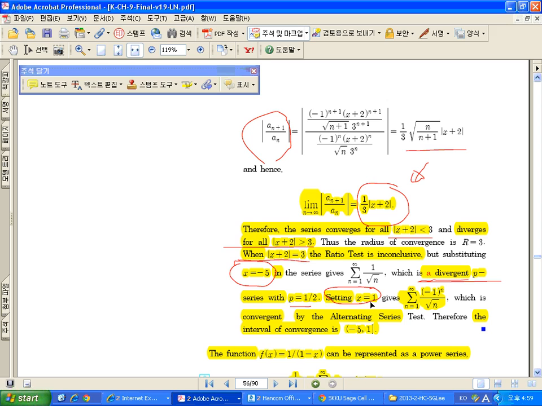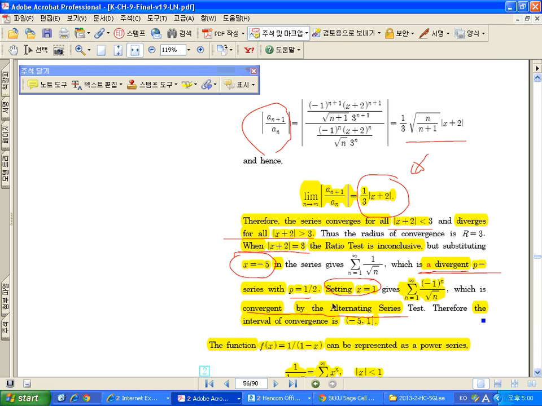and for the case when x is equal to 1, we use the alternating series test, which gives us convergence of the given series. So the interval of convergence can be obtained: it converges when x is equal to 1, but diverges when x is equal to minus 5.